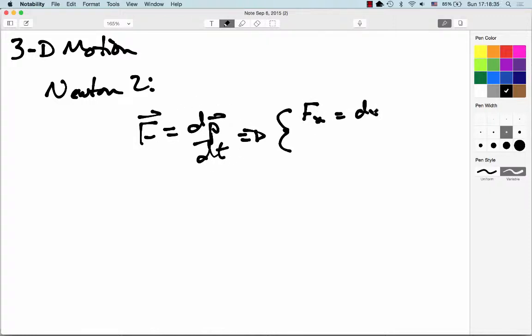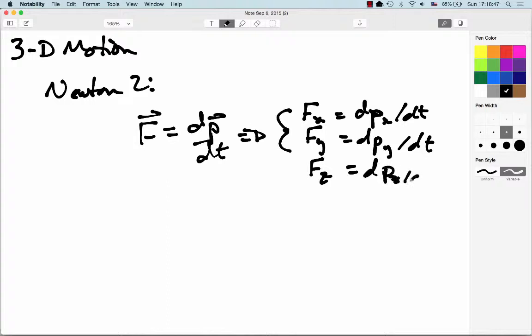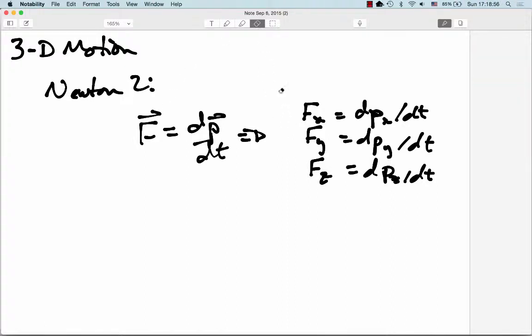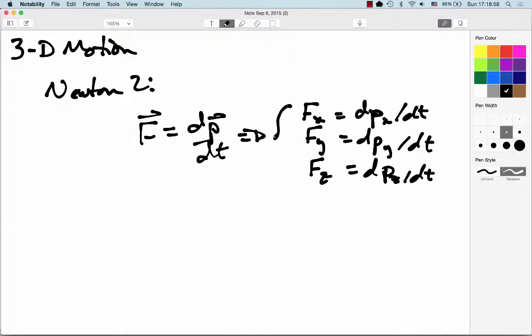We write it once for the x component, then again for the y component, and then again for the z component. Now, this is the correct way to express it.